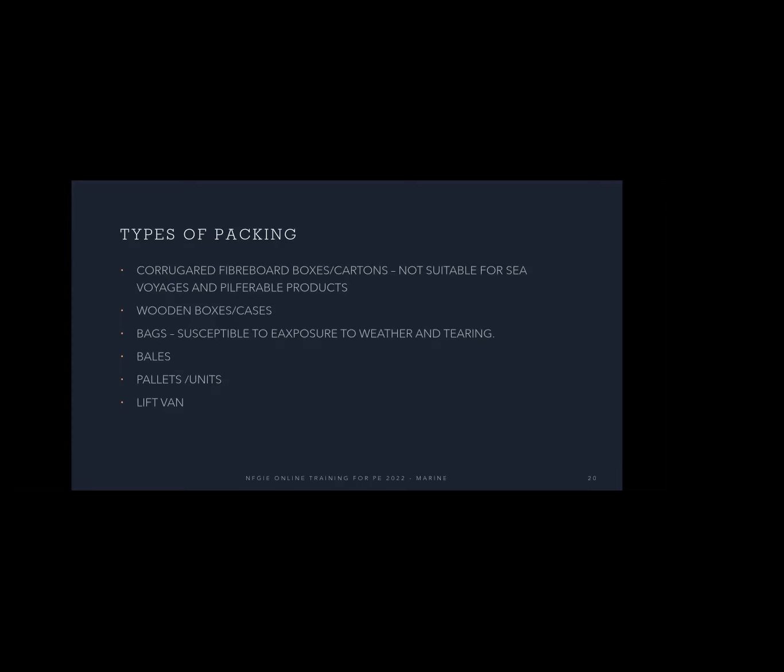The whole point of having pallets or unit loads is making it easier to transport the boxes. Instead of transporting 1,000 boxes one by one, if we make it into a pallet comprising 1,000 boxes, we can lift it using a fork and make transportation easier.